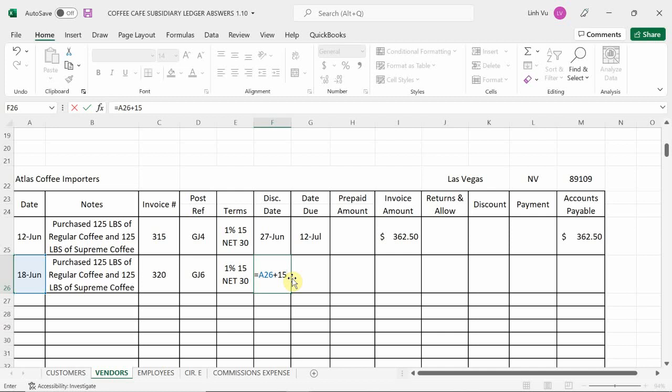I got July 3rd. Good. And when is it actually due? July 18th.